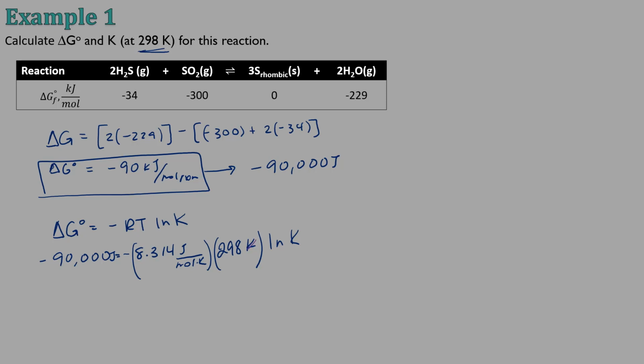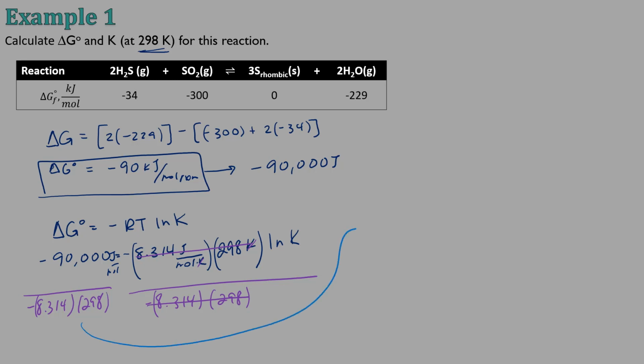All right, so I'm going to divide both sides by negative 8.314 and 298. So if I bring this over here, I get 36.33 is equal to the natural log of K.